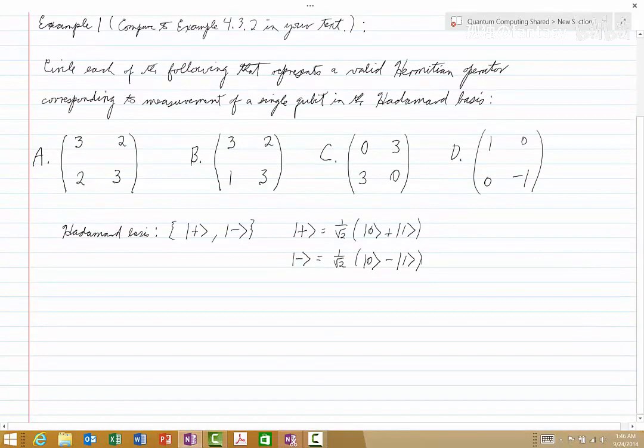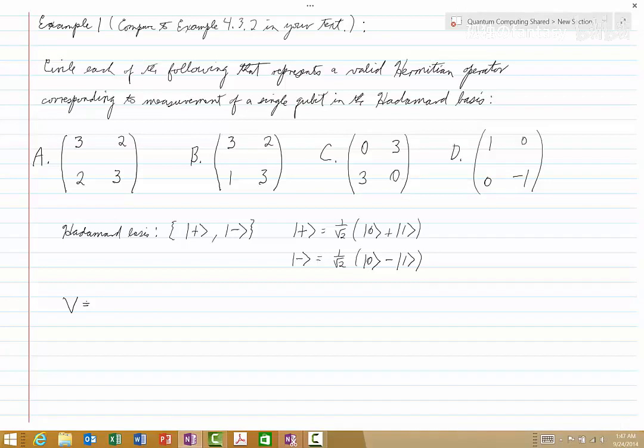Now, the first thing we do, let's get just a little bit better idea of what we're talking about here. We're rewriting our space. V, in this case, is the space of all single qubit states, and that has a dimension of 2.